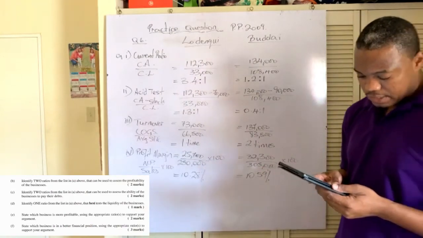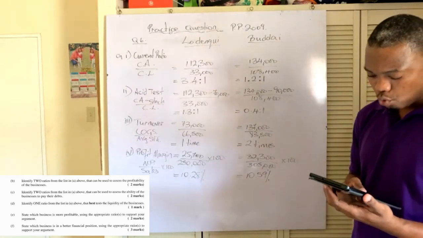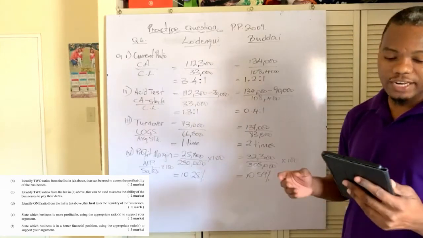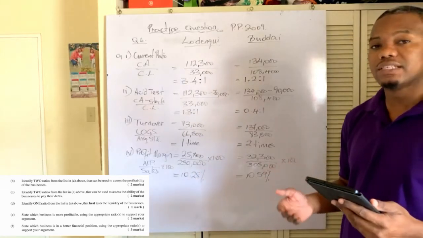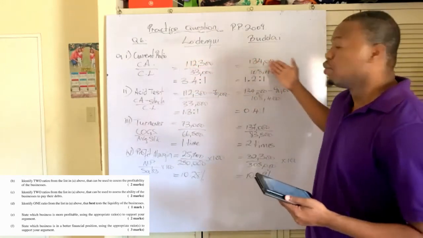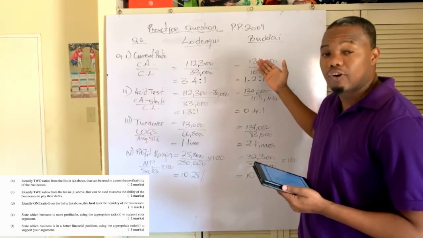F, state which business is in a better financial position using the appropriate ratio to support your argument. Now, the ratio that you want to use to find out if the business is in a better financial position is the current ratio. The current ratio would show the business's ability to cover their debt in the event of bankruptcy.